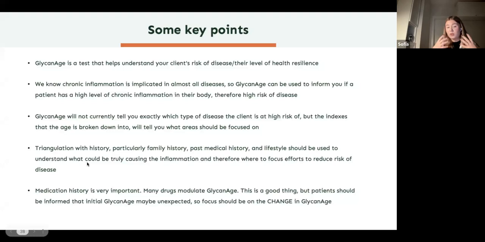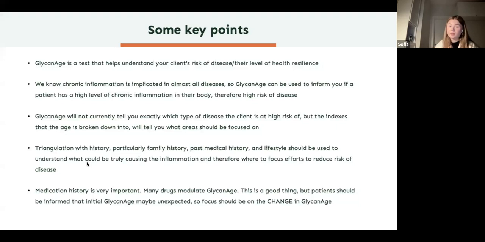What we want you to do, or what you would ideally do, is we would triangulate patient's history, particularly family history, and their lifestyle, to understand what could be truly causing the inflammation, and therefore where we would focus our efforts to reduce their risk of disease. And also, as we already mentioned, medication history is very, very important because many drugs will modulate GlycanAge, because the immune system is not isolated, it is everywhere in our body.